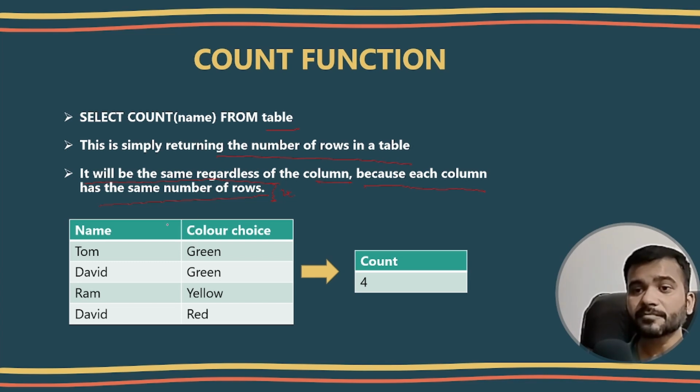So here the names are Tom, David, Ram and David, and the color choices are green, yellow and red. If I want the count of that record, it will return 4. Whether I use count star, count on name, or count on color choice, it will always return 4.